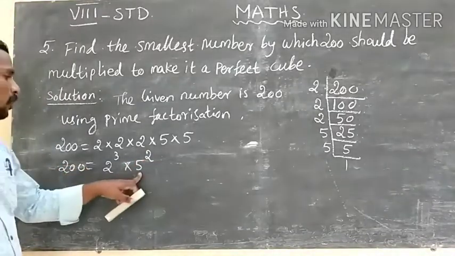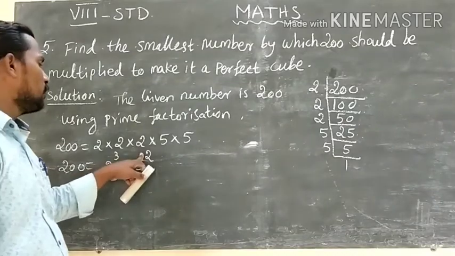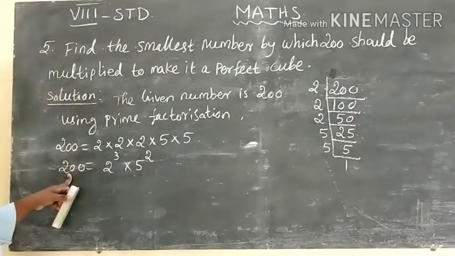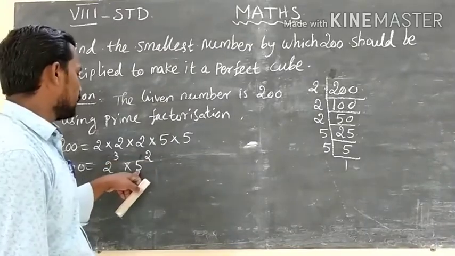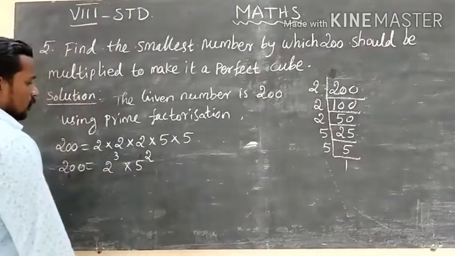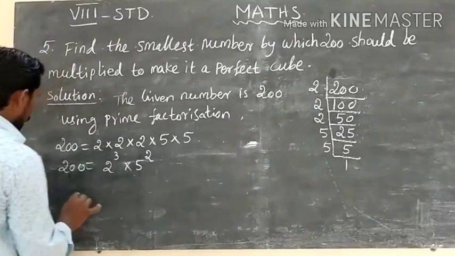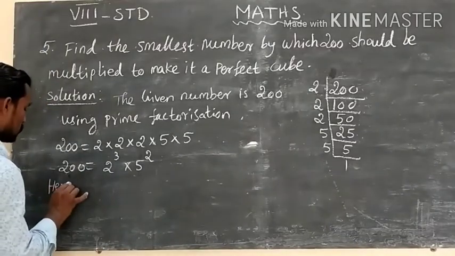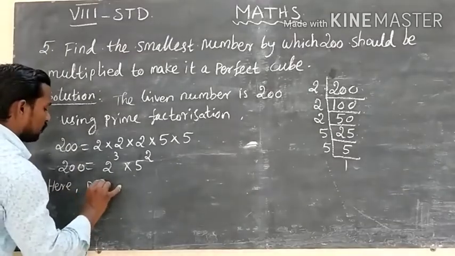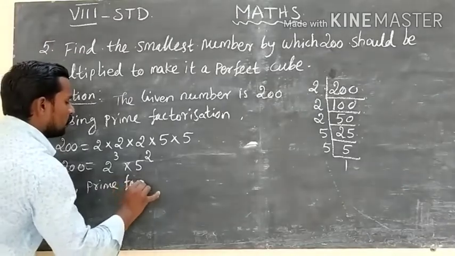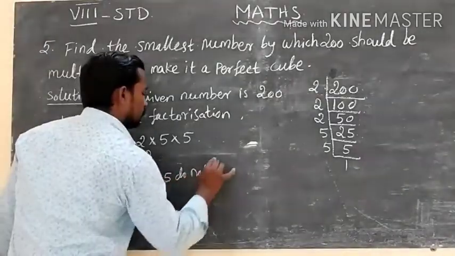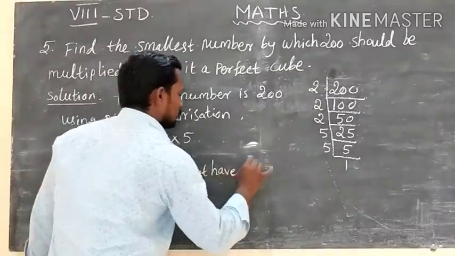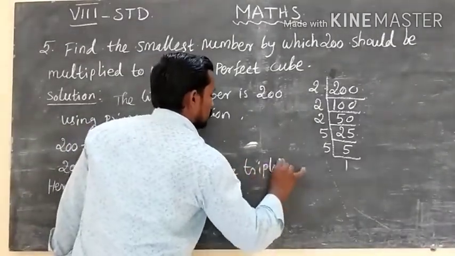So we need one more 5, because with 5 cube the number becomes a perfect cube. Here only 5 square appears, so we must need a 5. Here prime factor 5 does not have a triplet.